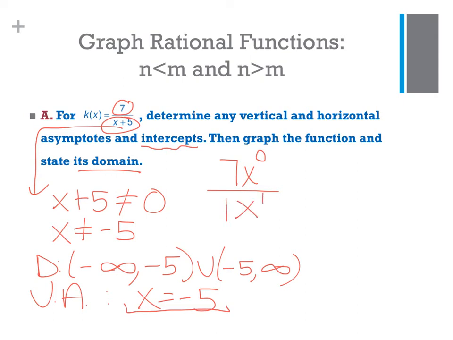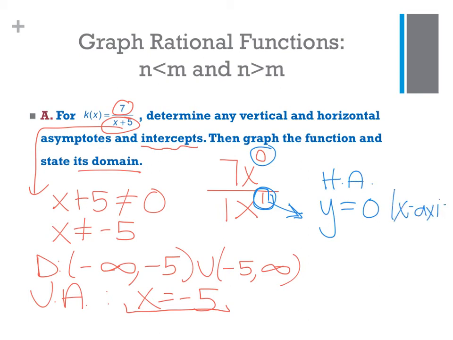Anytime the degree, the highest exponent, is higher on bottom than on top, so we have a degree 0 polynomial on top and a degree 1 polynomial on bottom, then we have a horizontal asymptote at y equals 0, which just so happens to be the x-axis.